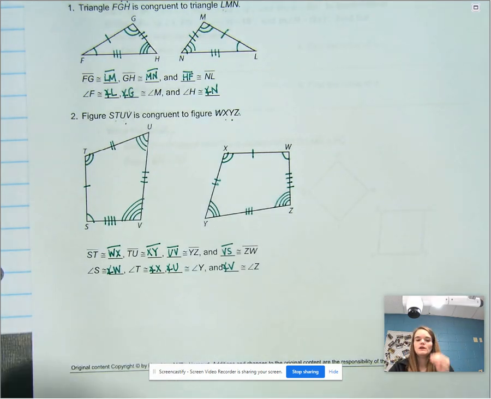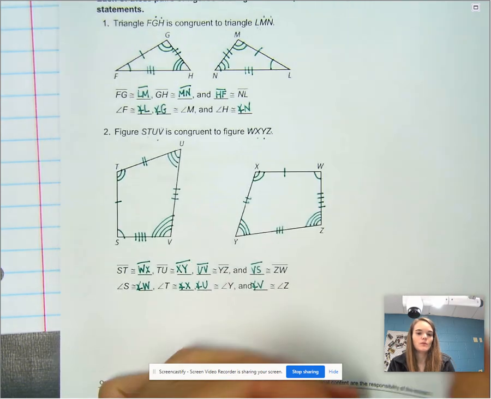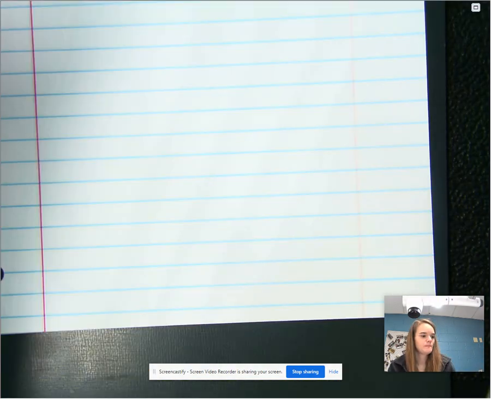Okay. Now that we've got that one done, we're actually going to cut it out and glue it in on page 32. Page 32. We have another one. We're going to do it in a minute.